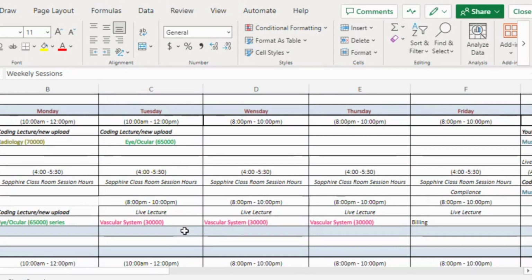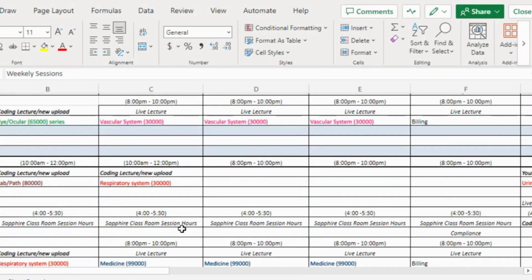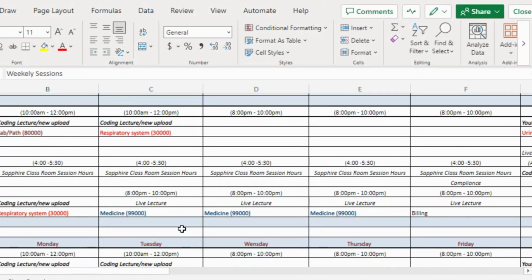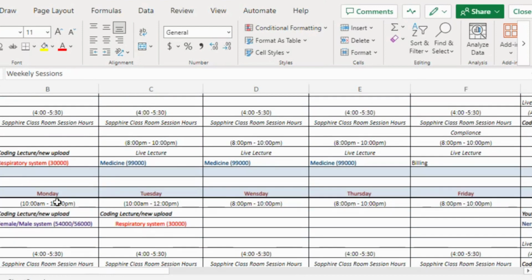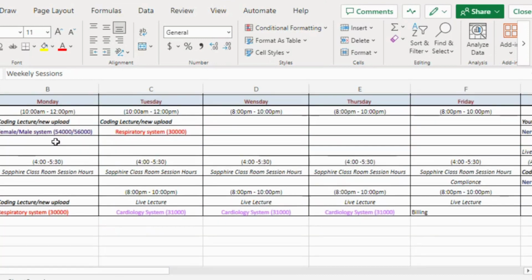When you go in your CPT book and you see 30,000 or 60,000, the 70,000 radiology, those are series. That's what they call them. So again, medicine 99,000 series, respiratory 30,000 series, and female system 54,000 series. And look, you can make notes on here.